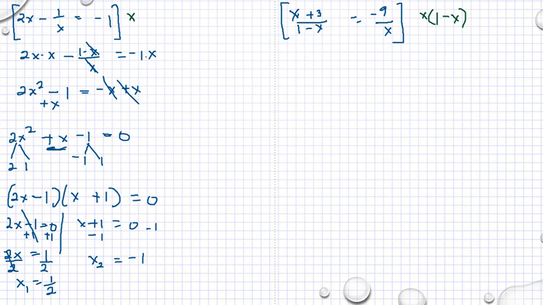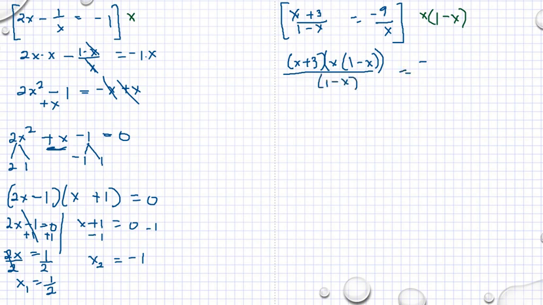So what we need is, we have in a parenthesis, x plus 3, and then x times 1 minus x divided by 1 minus x. I need to group them.